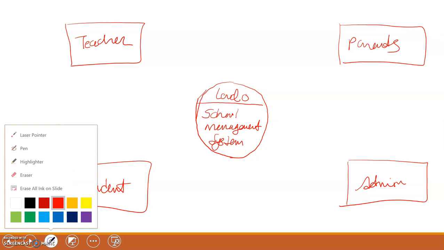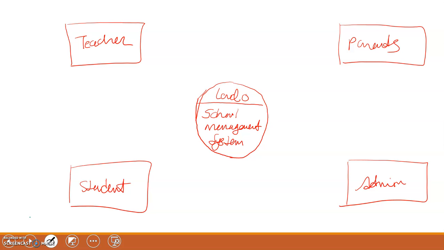After the entities, let's draw the flows of the data, like what a teacher can do. Okay, a teacher can do login. Here you need to write the process name, and when the teacher enters the login credentials, the system will give the acknowledgement, right?